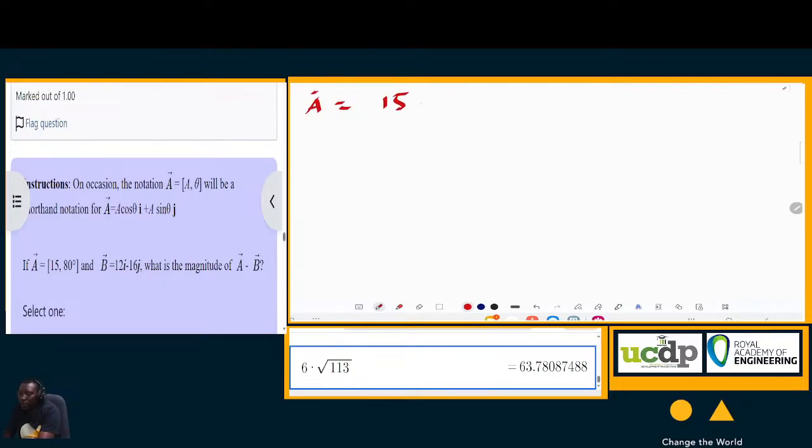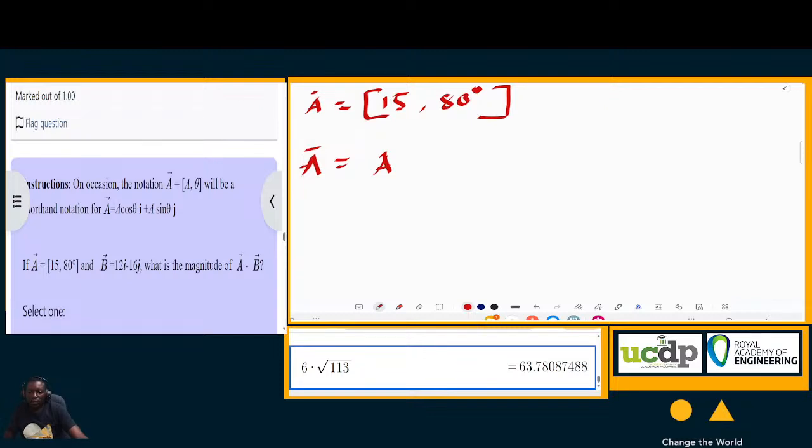That's the angle that we get. That means vector A will have component X and component Y. And what are those? Yes, continue.